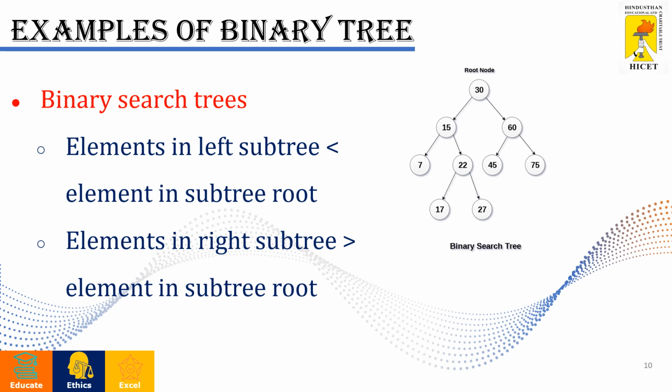So 7, on the left of the node with value 15, is lesser than the parent node, and the node on the right side is greater than the parent node. For each node, this condition will be followed. Each node will have only two subnodes, and the subnode on the left will always be lesser than the parent node, and the subnode on the right will have a value greater than the parent node.